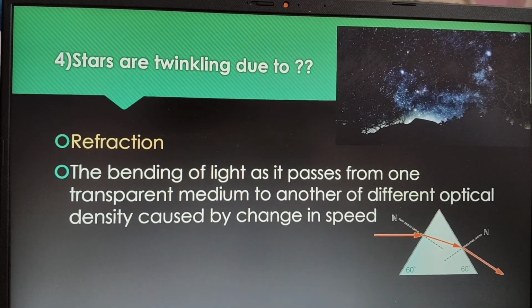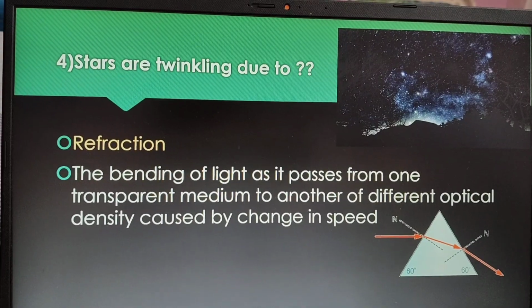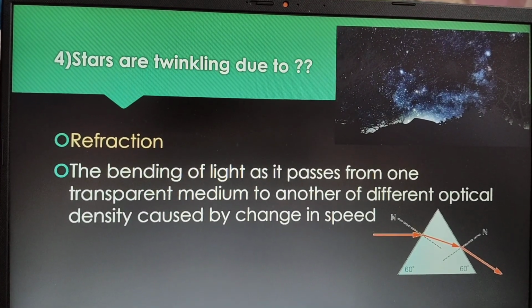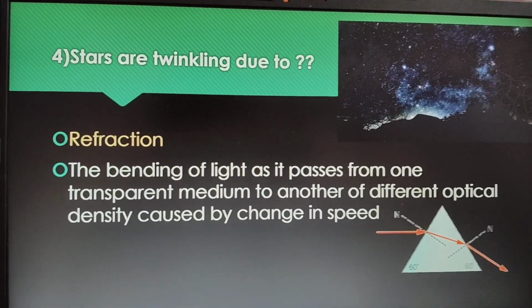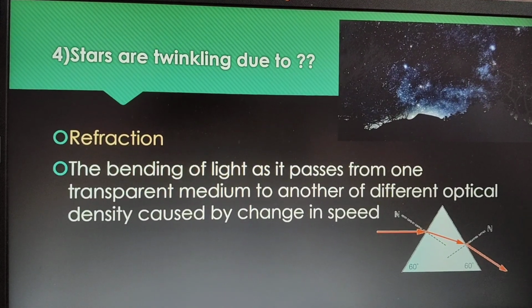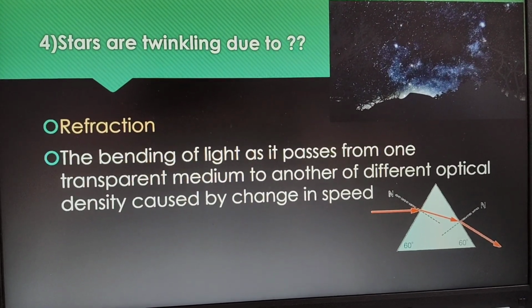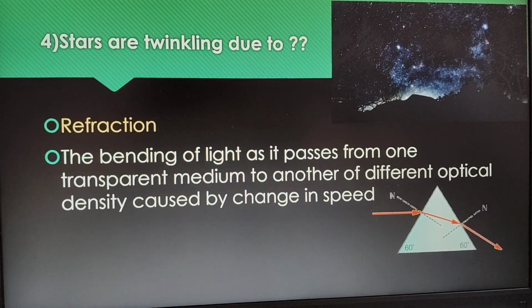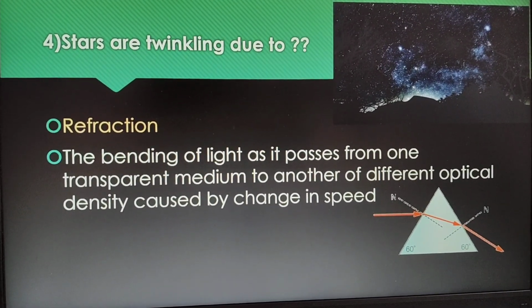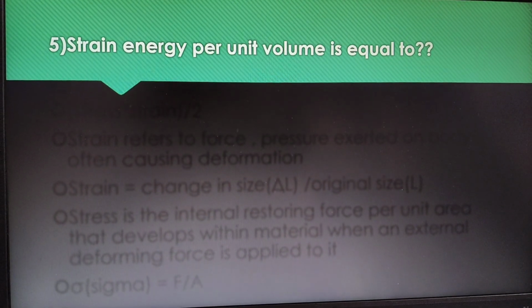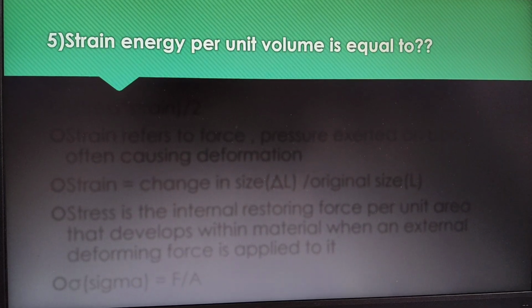That phenomenon is known as refraction. So refraction is the phenomenon responsible for the twinkling of stars. Other examples are this happens in prisms, in the lenses of human eyes, and in optical fibers as well, etc.